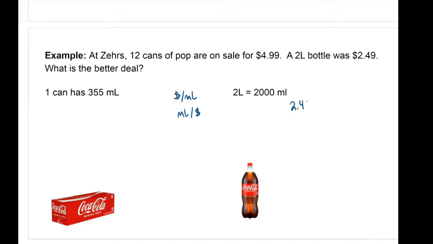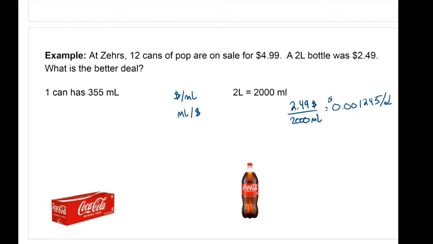So $2.49 divided by 2,000 milliliters gives me 0.00124 $5 per milliliter. So again, it might seem, well, that's ridiculously small. There's no way that could be correct. It does make sense because you have to think a milliliter of pop is a very small amount.